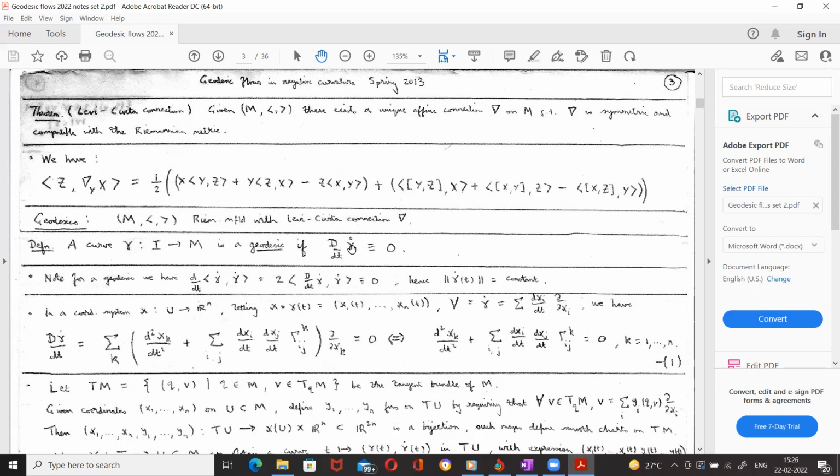We want the tangent vector to be a parallel vector field along gamma. Okay. Is this clear? Is the definition all right? Yes, sir. Okay.